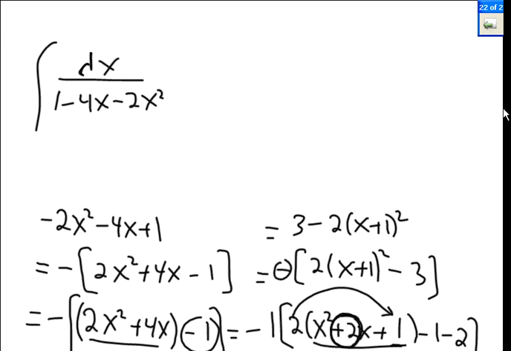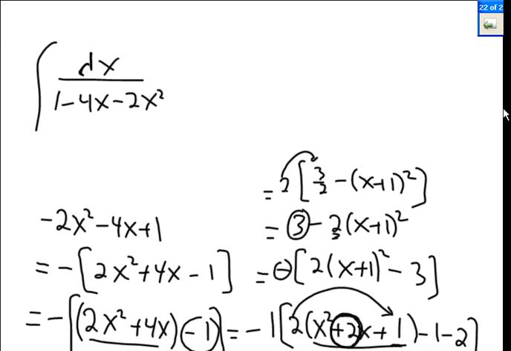The thing is, I don't like that 2 in front. I'm going to factor out the 2. Then I get 3 over 2 minus x plus 1 squared. 2 times 3 over 2 is 3. You have to be able to factor out a 2.